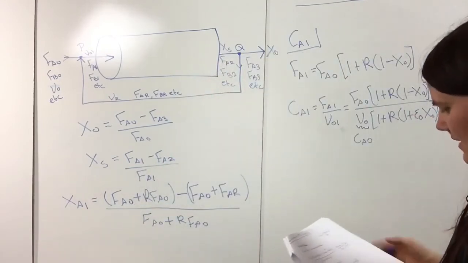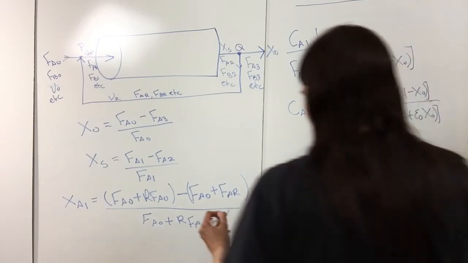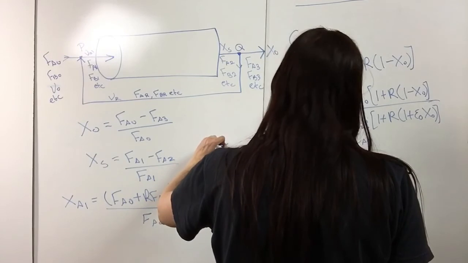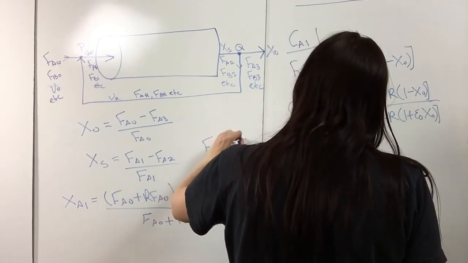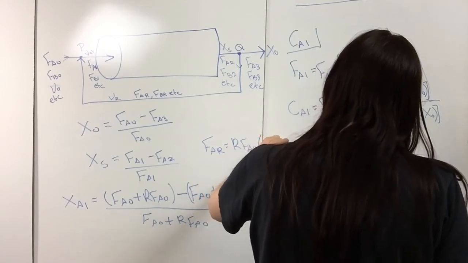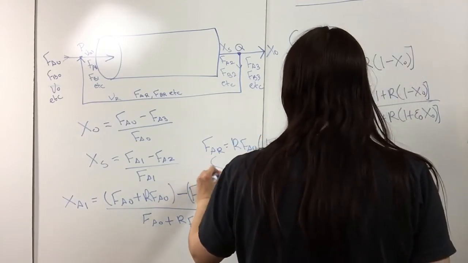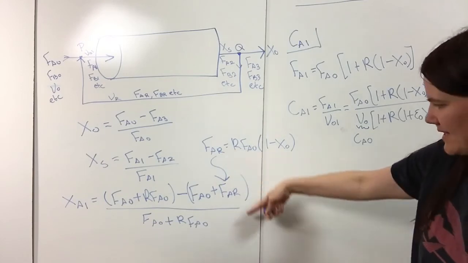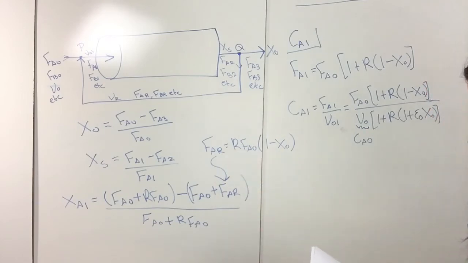And then we know that we already found a relation for FAR. We know that that's equal to R Fa naught times 1 minus X naught. So then you can plug this in and you should be able to find a relation for XA1.